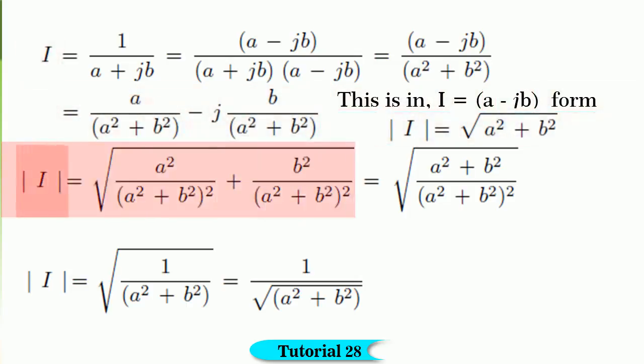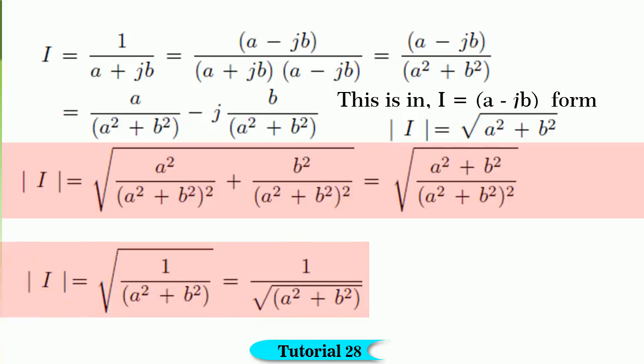So, we get the mod of the current I is equal to square root of (A divided by A square plus B square) whole square plus (B divided by A square plus B square) whole square. By solving it, we get mod of I is equal to 1 divided by square root of A square plus B square.